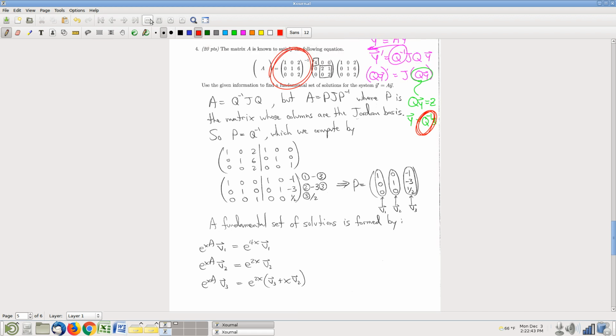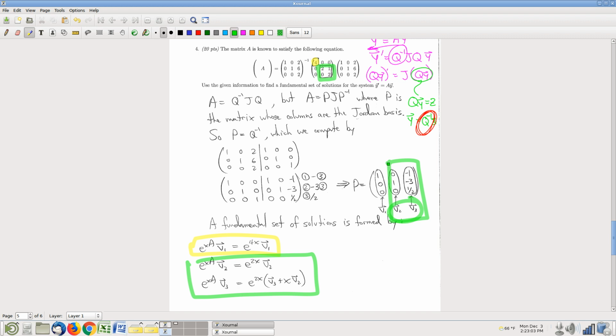Going back up to here, you can see our Jordan block. We start off with a 1-by-1 Jordan block, eigenvector, easy formula, and then we have a 2-by-2 Jordan block that's relevant to the basis vectors V2 and V3 only. V1 was part of the first Jordan block, right? That's V1. We're done with V1. There's no more V1s. Evaluating the matrix exponentials on V2 and V3, you stop when you get back to V2. Everybody good?